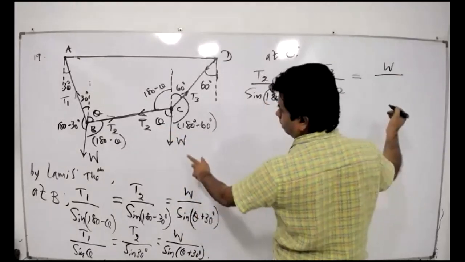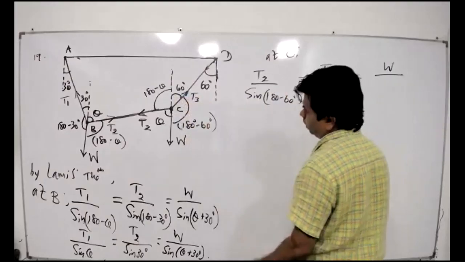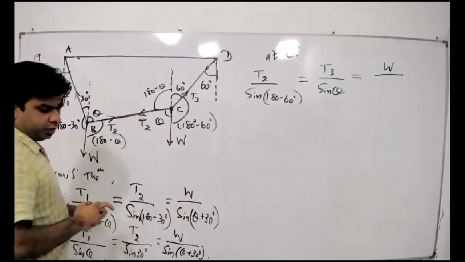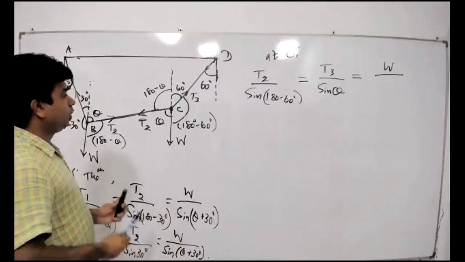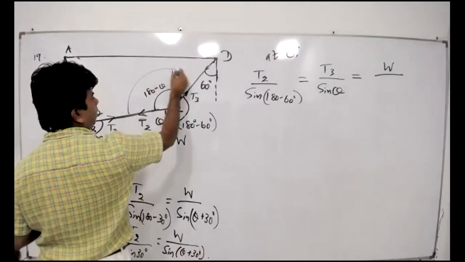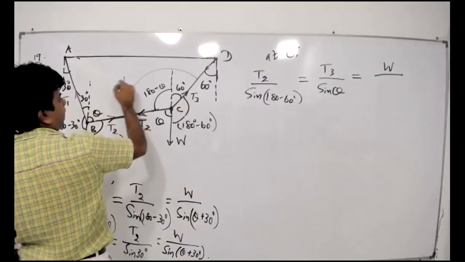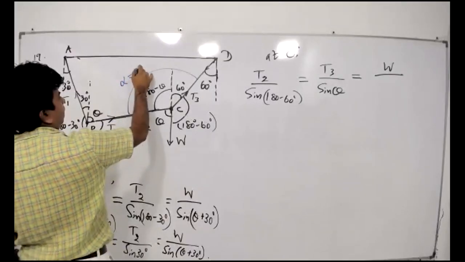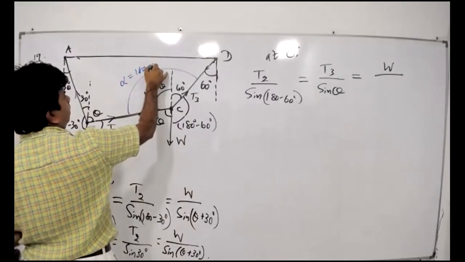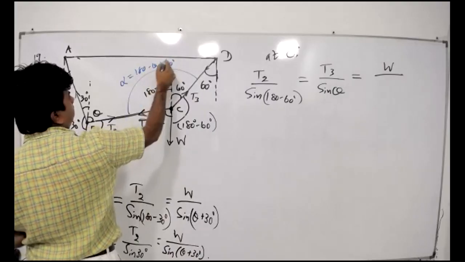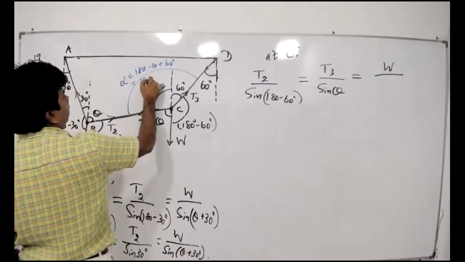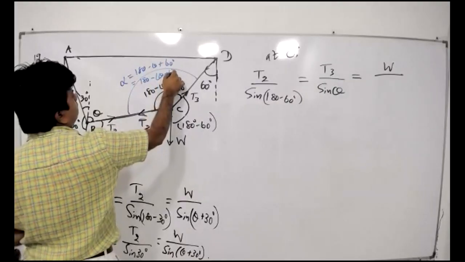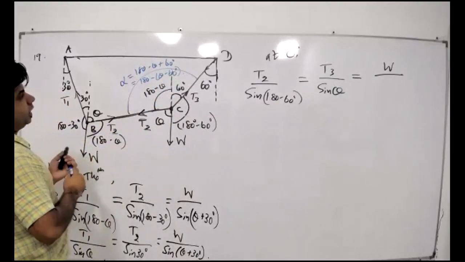Actually, this angle is one important thing. Understand carefully how we take this angle. If I take it as alpha, alpha is 180 minus theta plus 60. That means actually 180 minus theta minus 60. We can write like that.